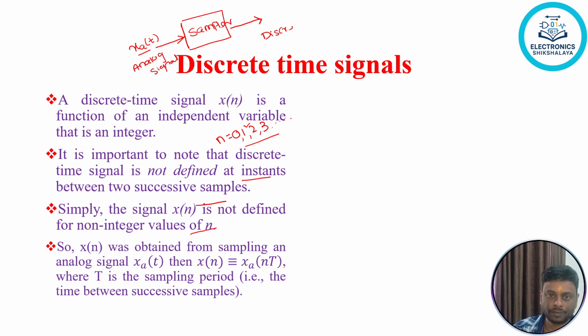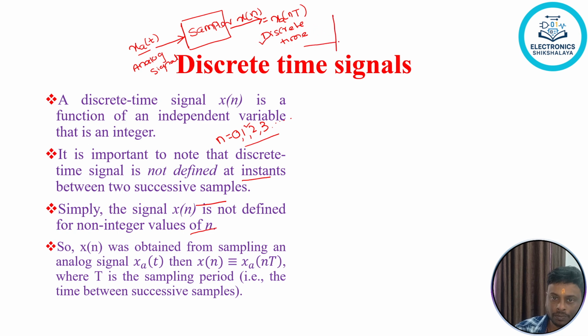So the output of the sampler is x of n, which is the discrete time signal, equal to x a of nT. This is the process of sampling. We are taking the samples of the analog signal to get the discrete time signal.